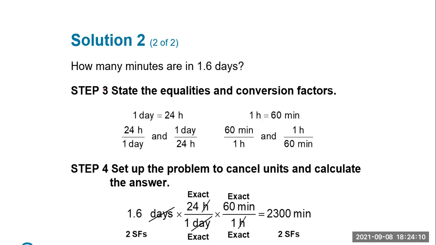Technically speaking, the only one that's not considered exact is where you go from metric to English, like pounds to kilograms, like we saw. Those, technically speaking, you should look at the significant figures and use them when you're making your decision.